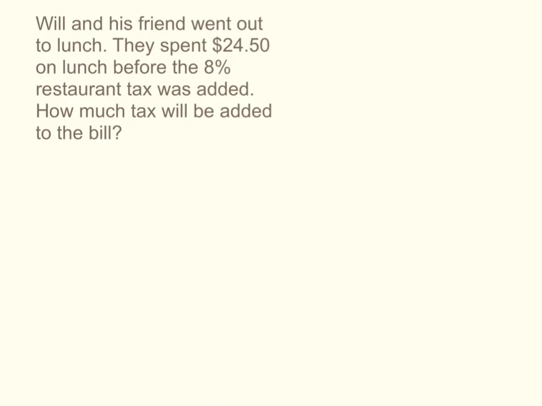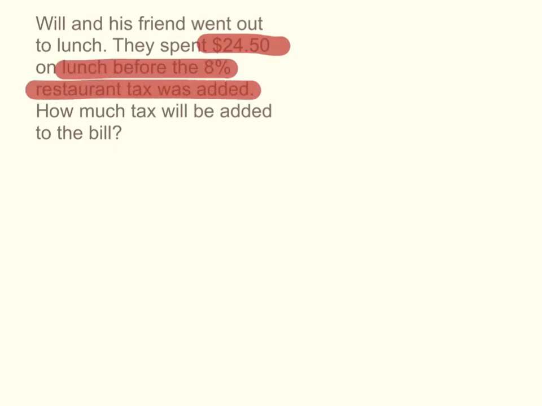So in keeping the idea that we want to figure out the tax, I'm going to read these words carefully, and I'm going to notice that it says they spent $24.50 as the total for lunch, and then they have to add 8% restaurant tax.